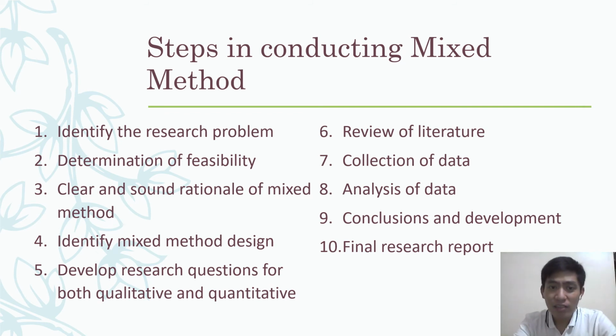Third is a clear and sound rationale for mixed method. As a researcher, you should be clear why you would choose mixed method, because it's not to complicate things, but go back to your objectives. Why do you want to have a mixed method as a research design?